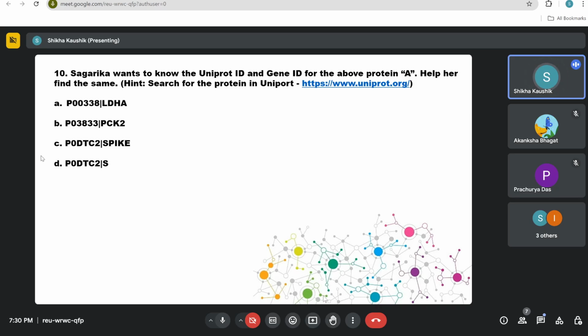There can be a lot of questions from this particular section, because your labs have also happened online, right, where they have told you how to prepare your sample, what kind of treatment you have to give to your sample to make it ready for your mass spectroscopy analysis.